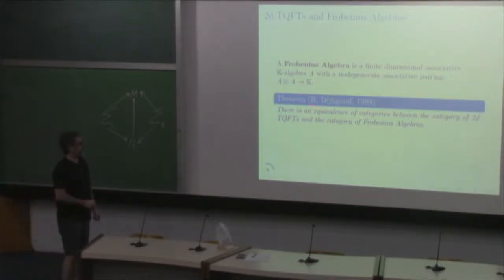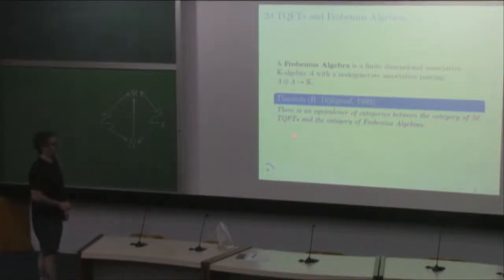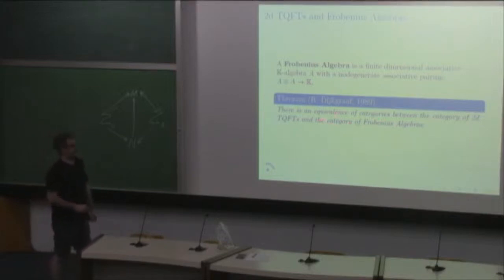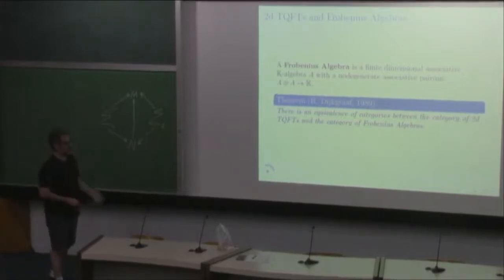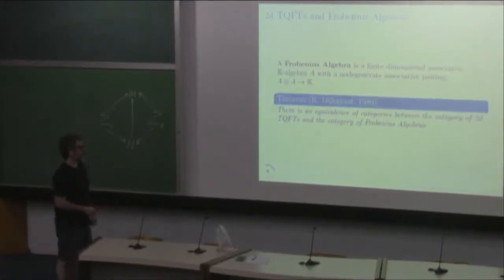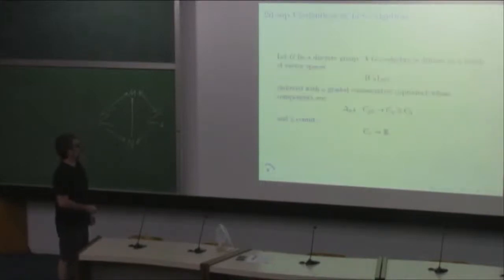And then what Gygraff proves is that there is an equivalence of categories between the category of two-dimensional topological quantum field theories and the category of Frobenius algebras. Actually, he works more generally in the context of conformal structures too, but this result is a particular case of what he was doing.